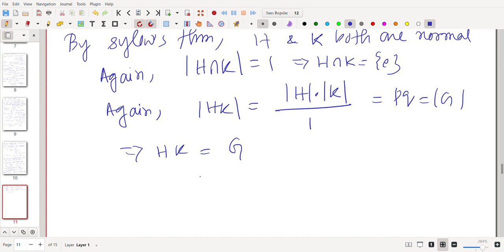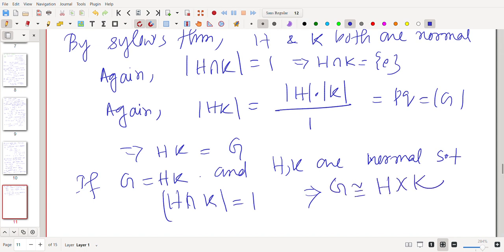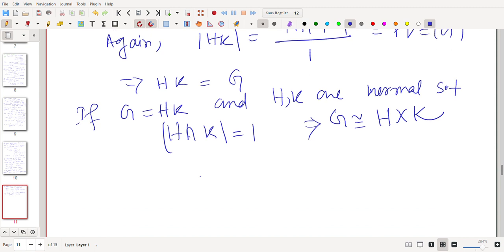I've already made a video for an IIT exam solution. There I mentioned the same proof of this theorem. This is the internal direct product theorem. If G equals HK, and H and K are normal such that the intersection of H and K is the identity, then G is isomorphic to H cross K. Here that is happening.